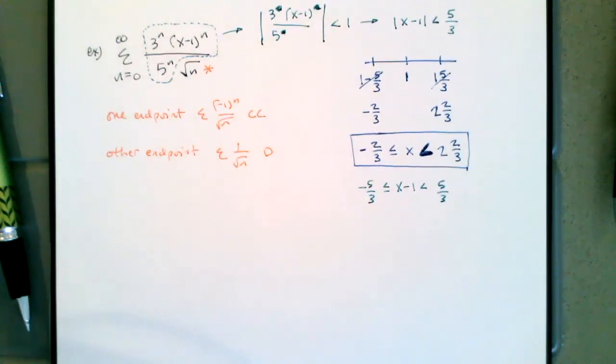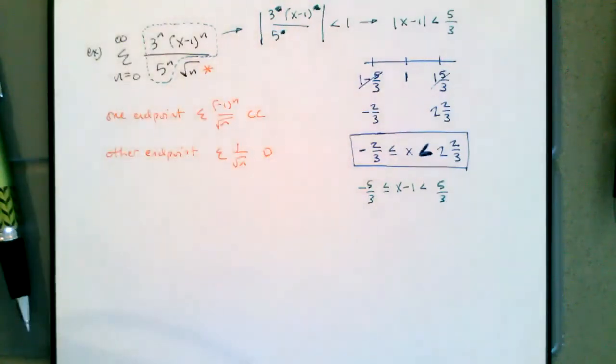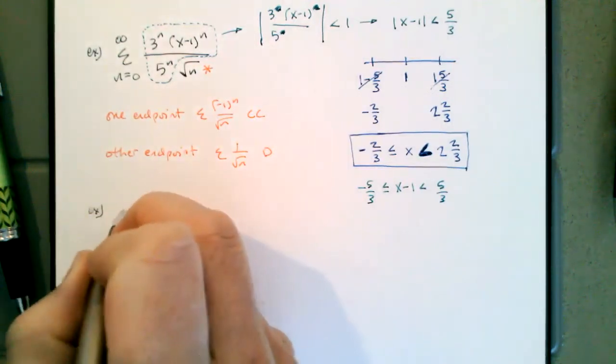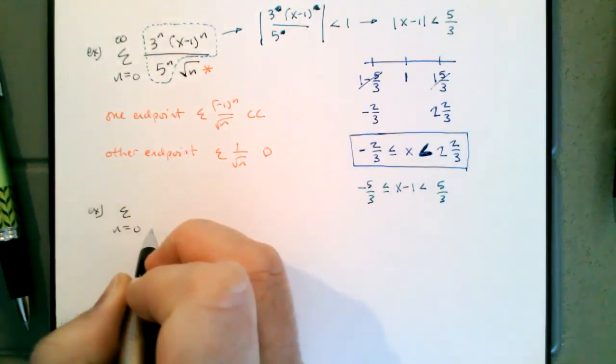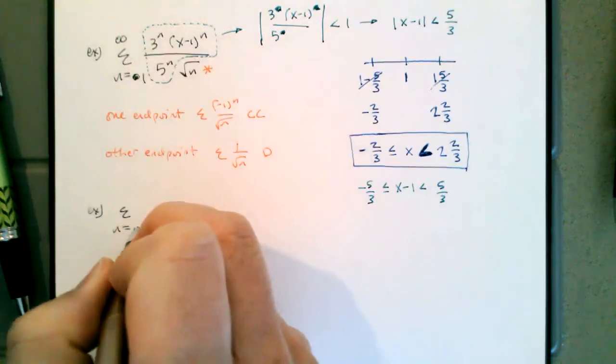Now, if I take this square root of n and push it up into the numerator, now all of a sudden, both endpoints are not going to be included. So if I have a sum as n goes from 0, oops, I should have changed this to a 1 because the square root of n is.